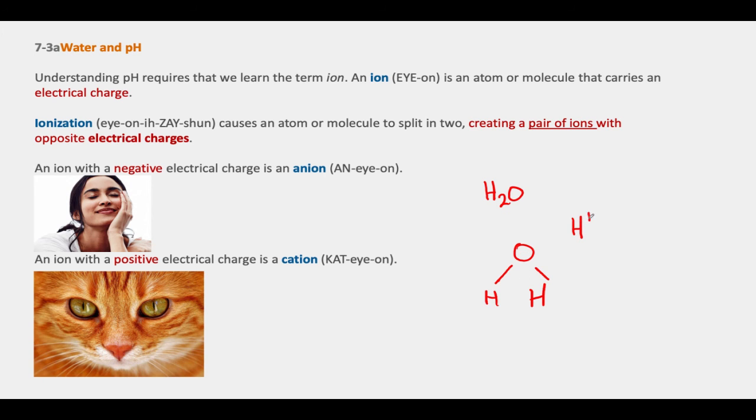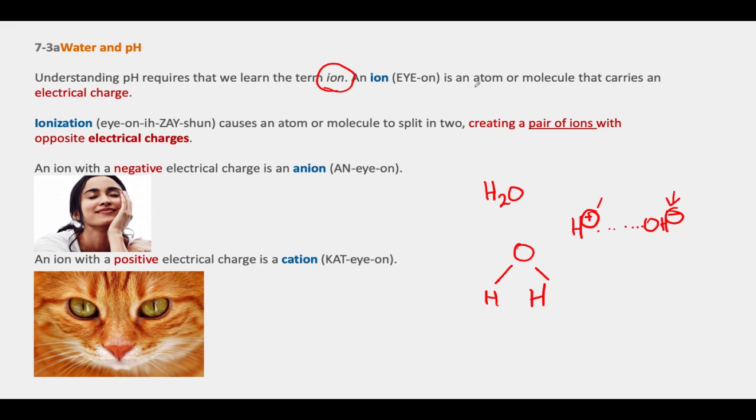You get a hydrogen, which has a positive charge on it, and then OH has a negative charge on it. So they separate out, and they get a variety of charges. Understanding pH requires that we learn the term ion, and these are called ions, and this process is called ionization.